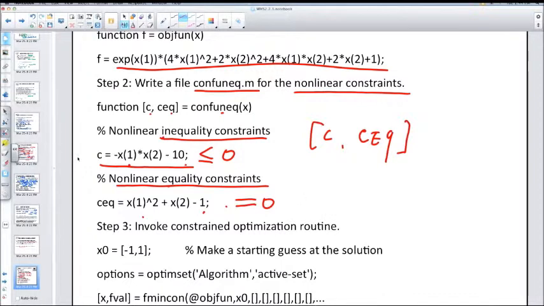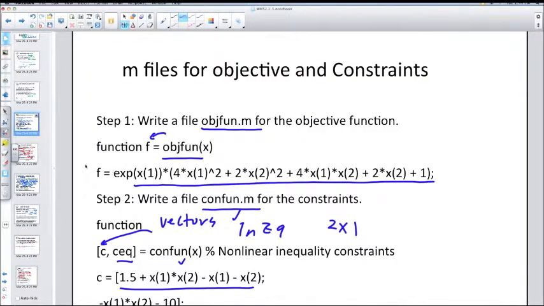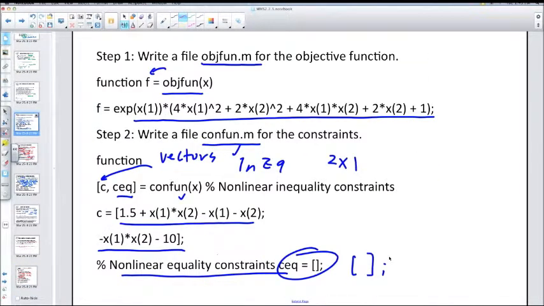Let's look at the form again. See, these two: one, the C is an inequality, and the C equality equals the equation. The other one you need to move to the equation. That's how it differs from this one.